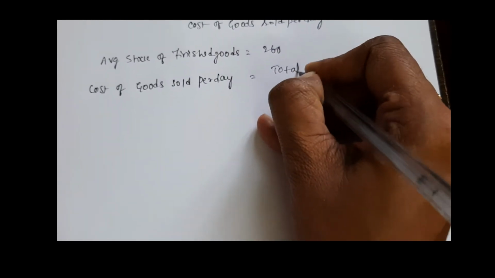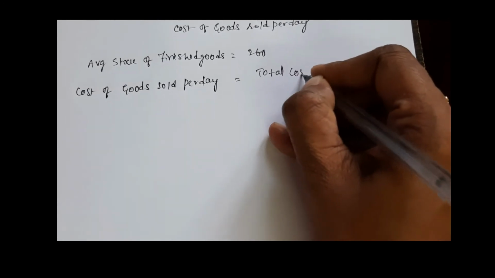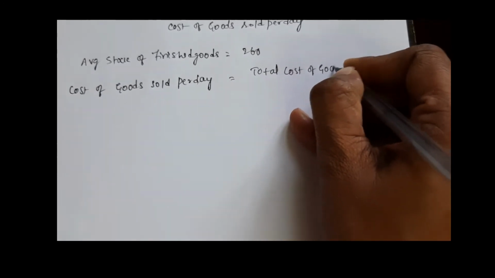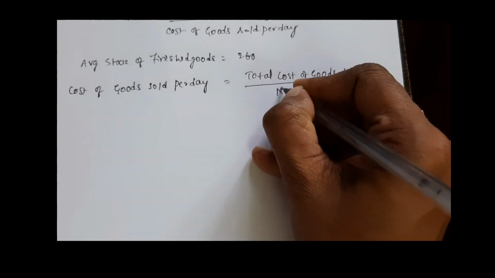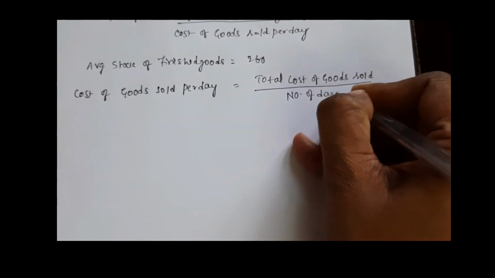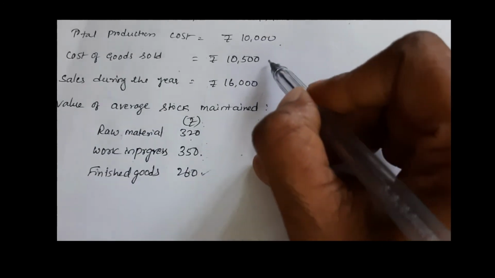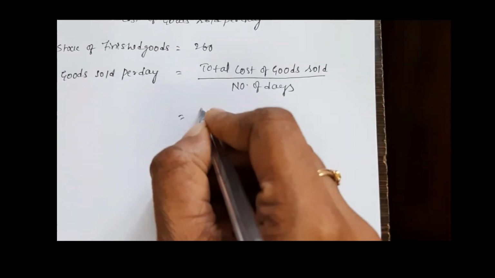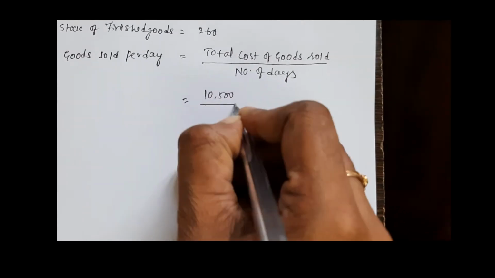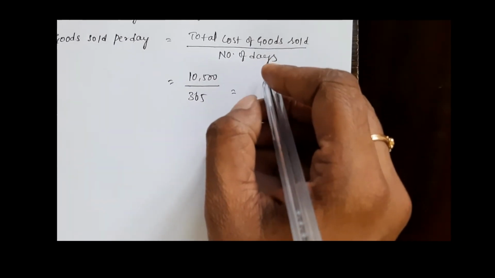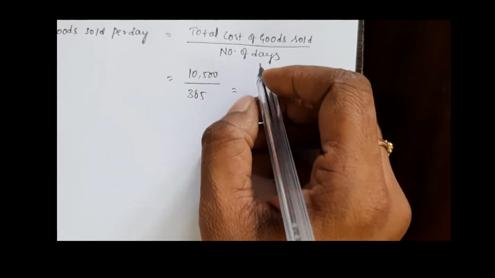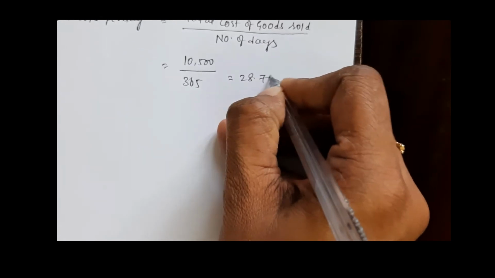So this will be total cost of goods sold divided by number of days. Total cost of goods sold is given 10,500. So 10,500 divided by 365, we will get 28.76.